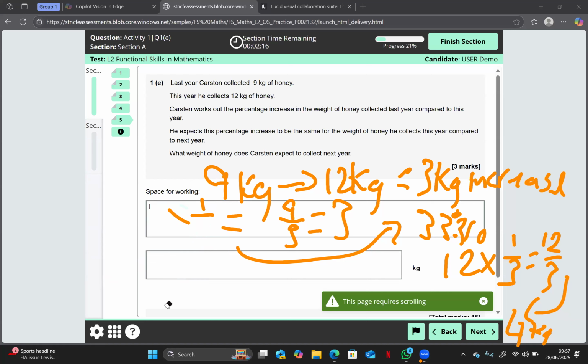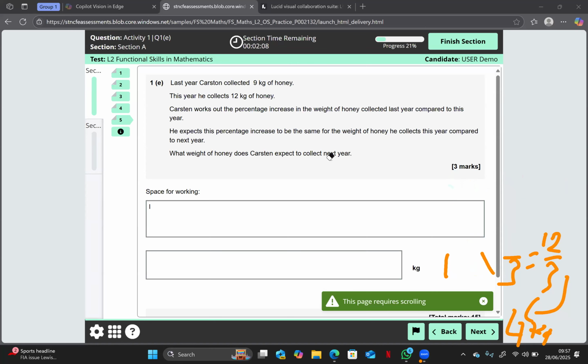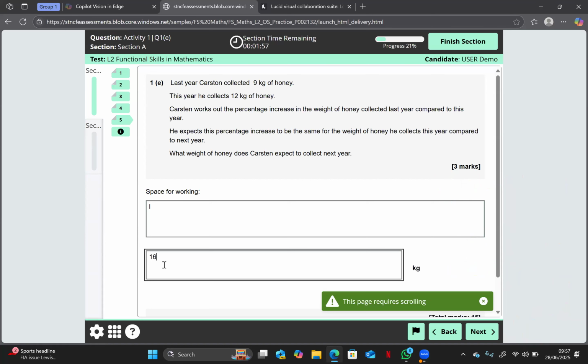So the answer would be 16 kg, guys. So 16.